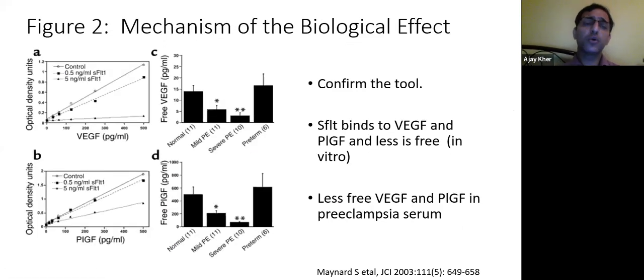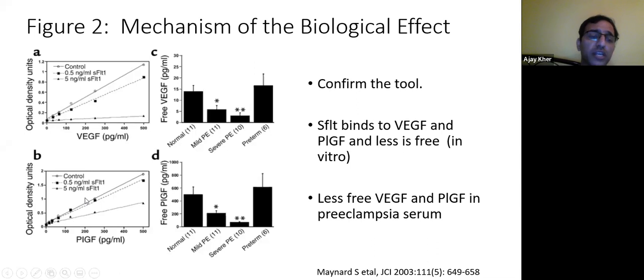Next, they are looking at the biological effect and the biological plausibility. In the first column, their concept is that sFlt1 binds to VEGF and placental growth factor. On the left is a technique that they derived to put sFlt1 and VEGF together and to show that they're binding to each other. On the bottom is sFlt1 and placental growth factor.